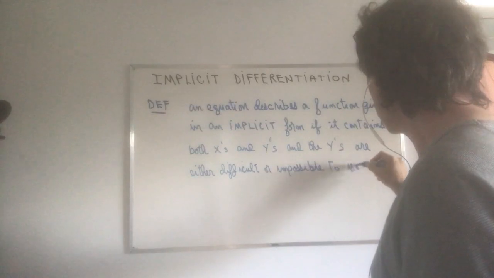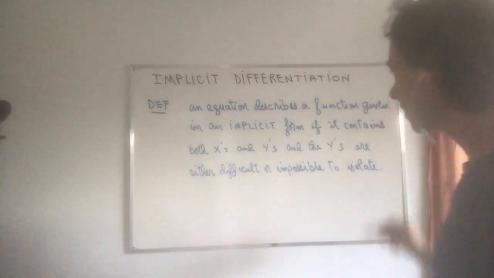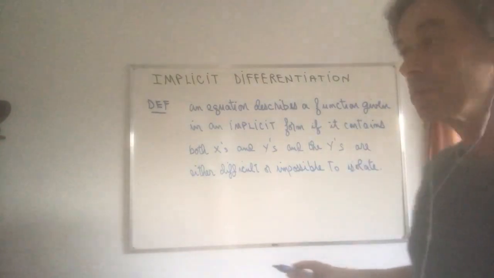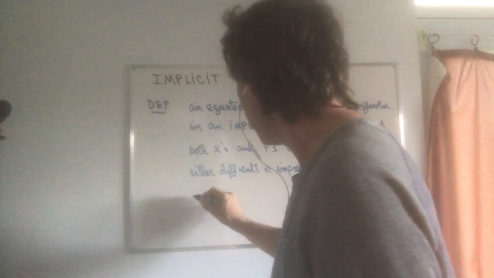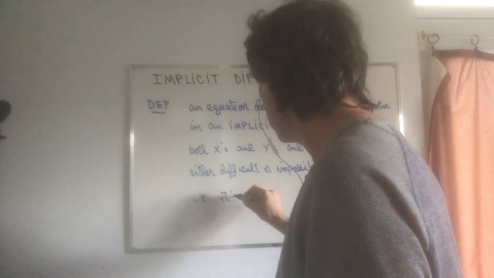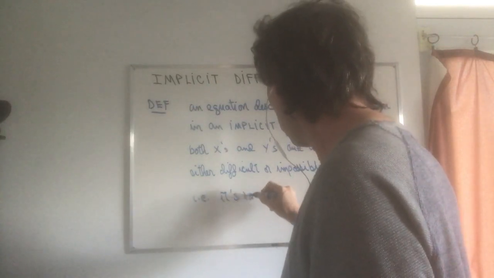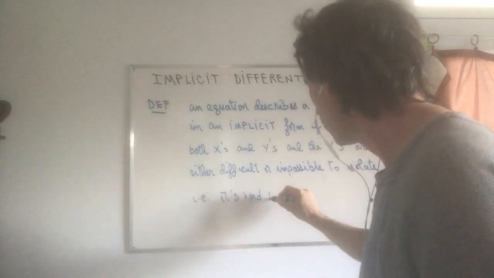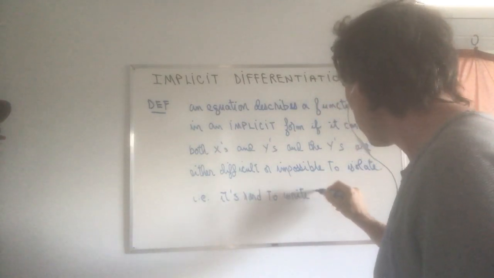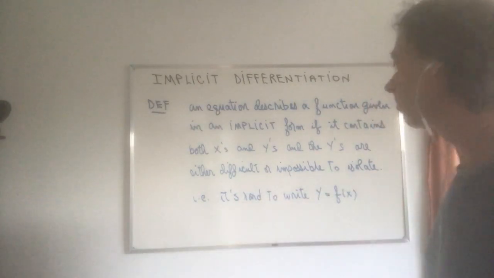So it's a rather extensive definition, lots of words, to actually say something fairly simple, i.e., it's impossible or difficult, let's just say hard, to write y as a function of x.